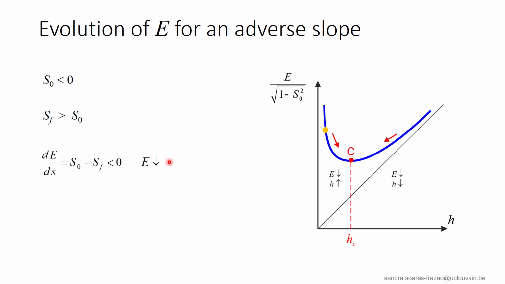So, if we consider a starting point here below HC, we see that if the specific energy decreases, the flow depth will increase progressively until reaching the critical depth at point C. In the same way, we can consider a starting point above HC. In this case, a decrease of the specific energy will correspond to a decrease in the water depth until reaching the critical depth.